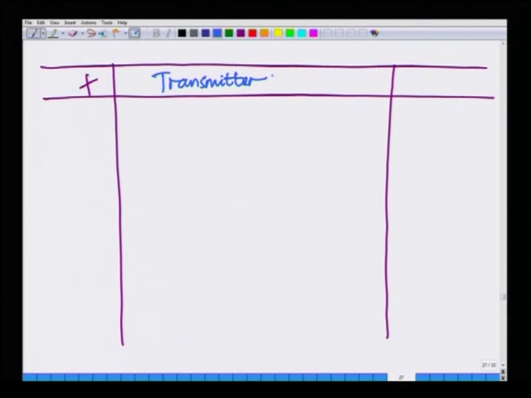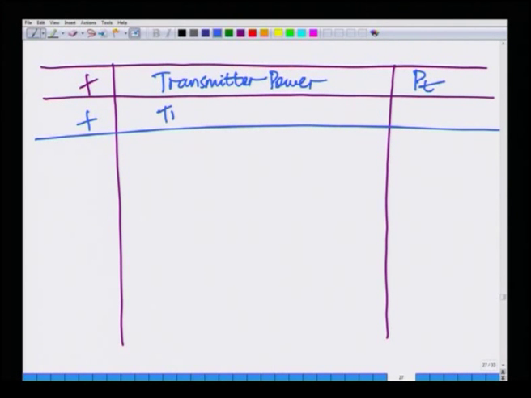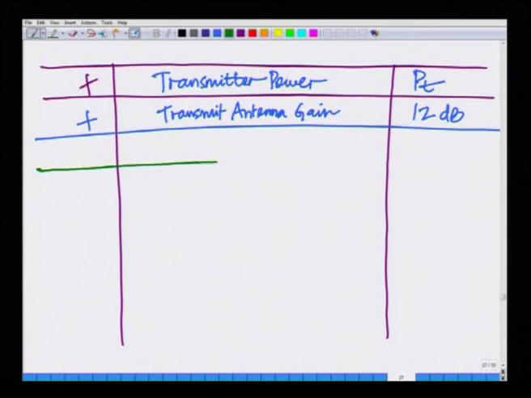Transmitter power PT, this is plus transmit antenna gain GT. Remember, this is given as 12 dB. If you look at the problem information, this transmit antenna gain is given as 12 dB.